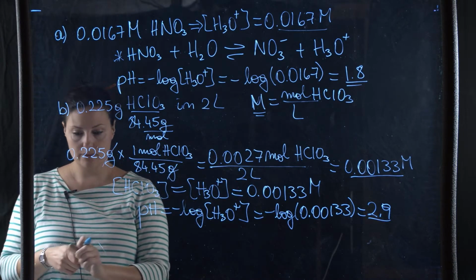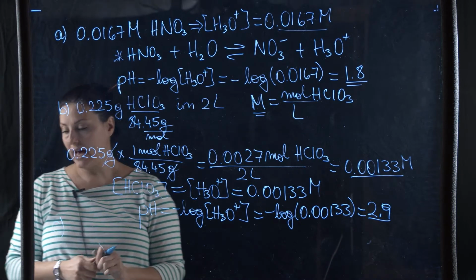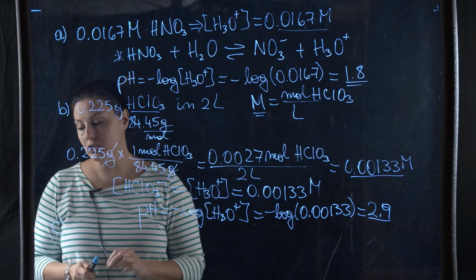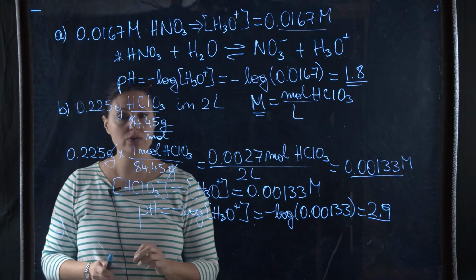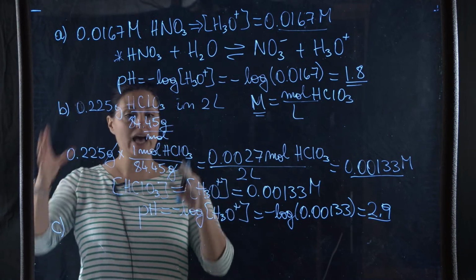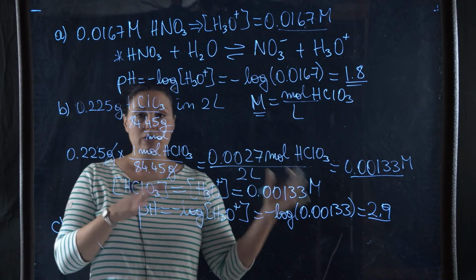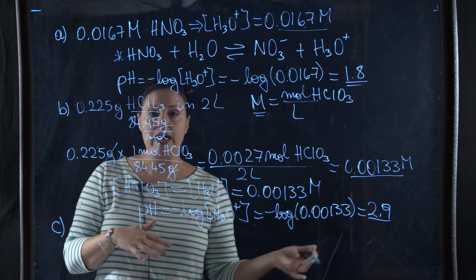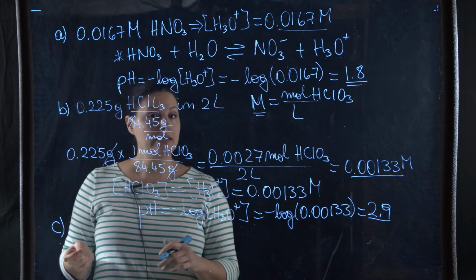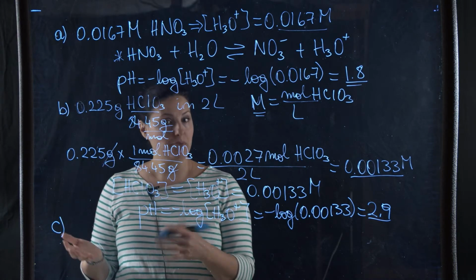I'm going to write a little small. Part C. I have 15 milliliters of 1 molar HCl diluted to 0.5 liters. So you can see how these problems combine concepts that we learned in earlier chapters with what we're learning now. This part C combines dilution. It's a dilution problem plus a pH problem.